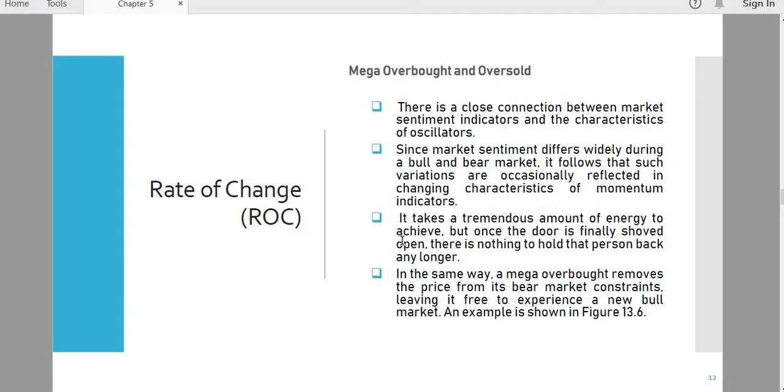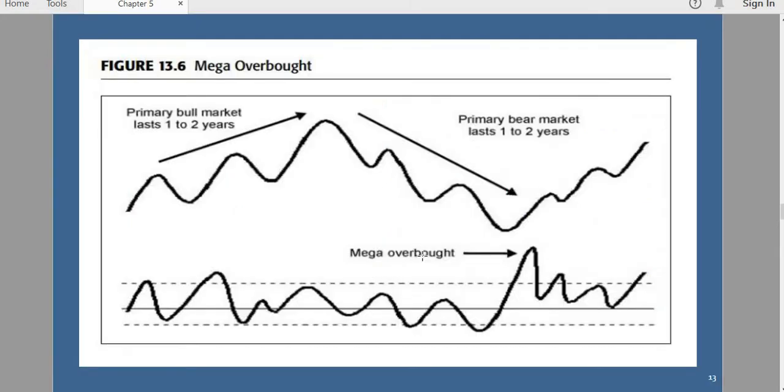So we know that when the market wants to reverse, for example from bullish to bearish or from bearish to bullish, it takes a tremendous amount of energy to be achieved. This energy, this tremendous change, we can see through the ROC.